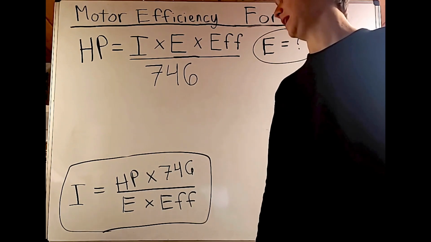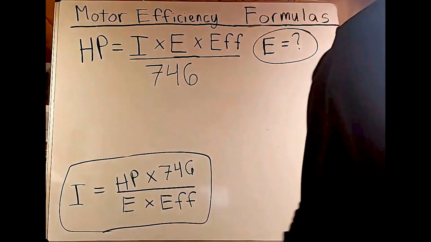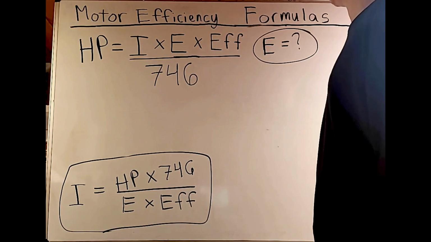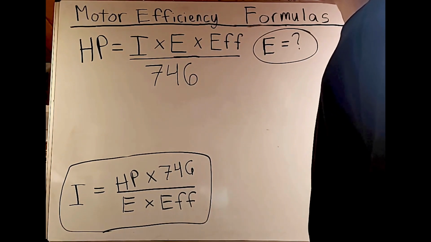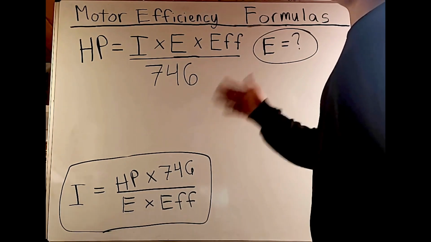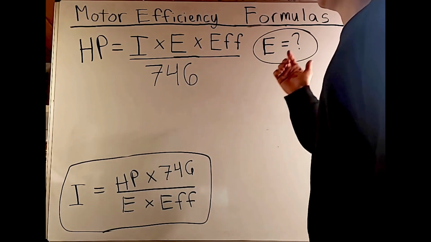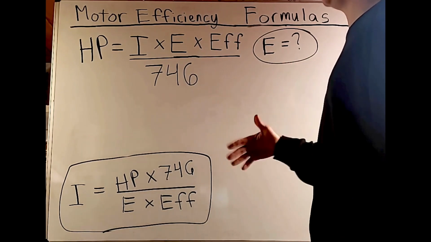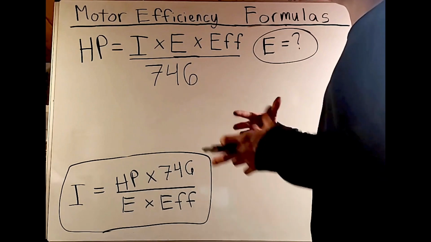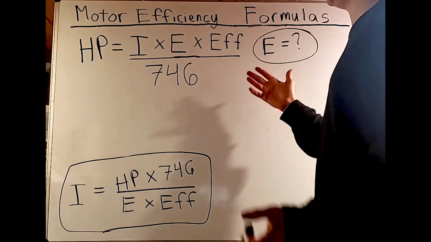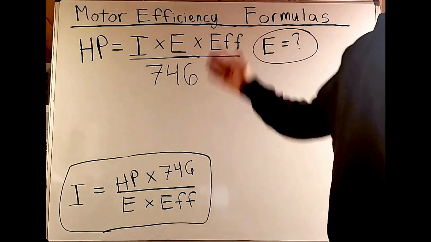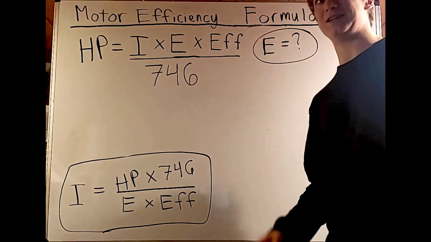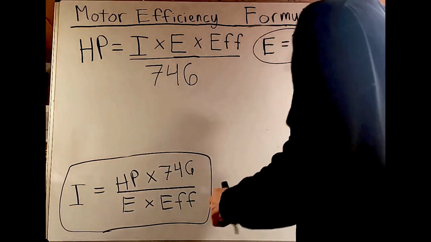It's pretty simple, and not that many of the electrical formulas have numbers, so you don't have to remember that many numbers. Remember horsepower: I times E times F over 746. HP, you have the P, so you have the pi, PIE, you have the efficiency, over 746. I've said it enough times that now you should really have it ingrained in you.